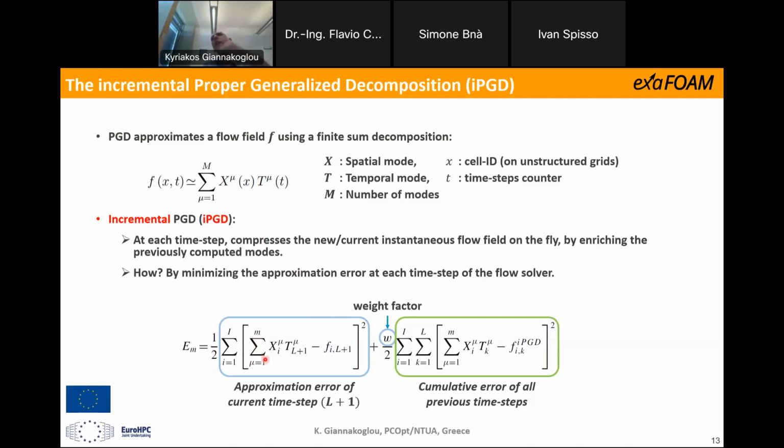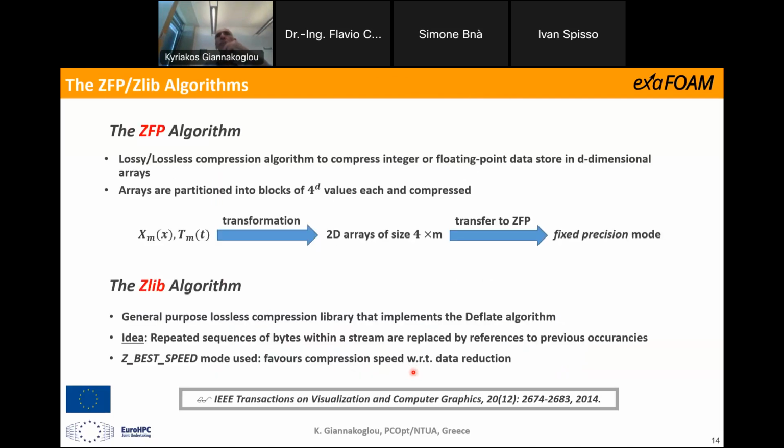So we have here in blue what has already been compressed, and in green the new instantaneous field that should be appended to the previous one. I don't need, I think, to spend time discussing ZFP and zlib. These are standard compression algorithms. The first one can be either lossy or lossless. However, here it is used in its lossy variant. Zlib is a lossless compression library that implements the so-called deflate algorithm.